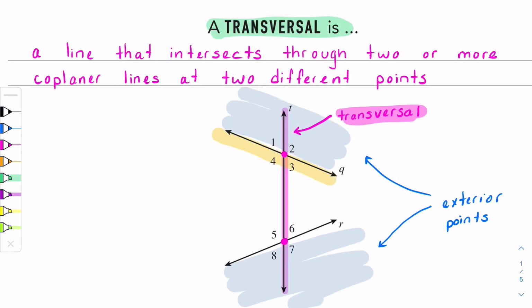In between the two lines, so in the middle of the two lines, any points that lie in this region are going to be called your interior points. Also, any angles that lie in the blue shaded region are called exterior angles, and any angles that lie in the orange region are going to be called interior angles. So between the lines versus outside of the lines.